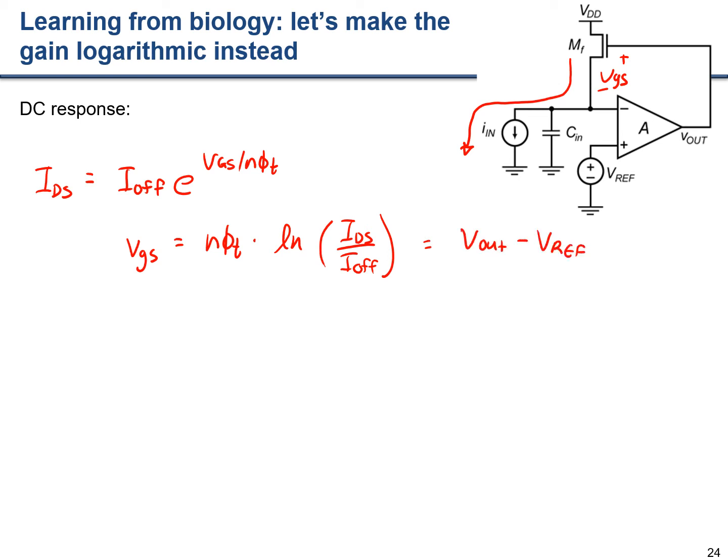If that reference voltage is indeed, or if this gain of the op amp is very high and that's virtual ground. So we can say then that Vout is equal to Vref plus n phi t times the natural log of I in divided by I off. This is the DC response.